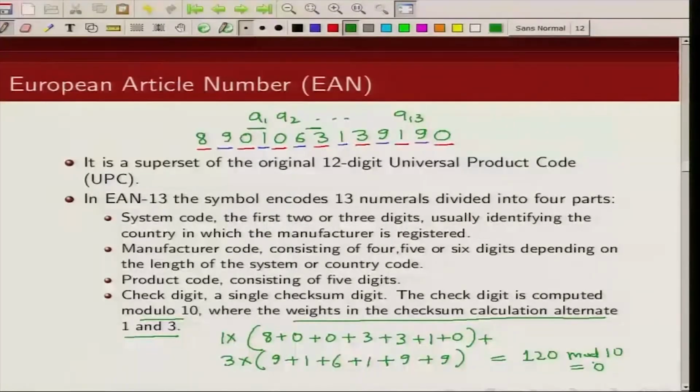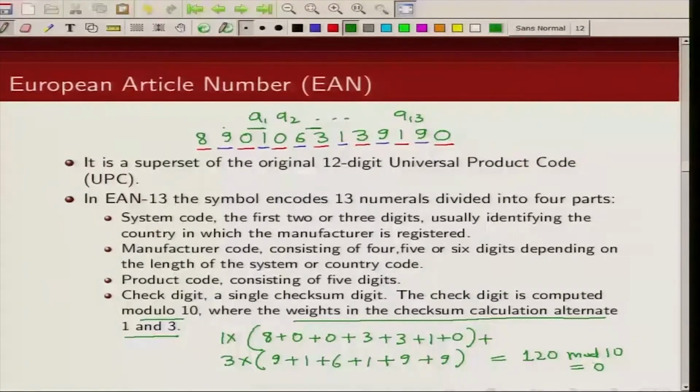So, you can see from the examples that we have done so far, the last bit in all these is our check bit, which can be used for error detection. Now, this code also can easily find out the transposition error.